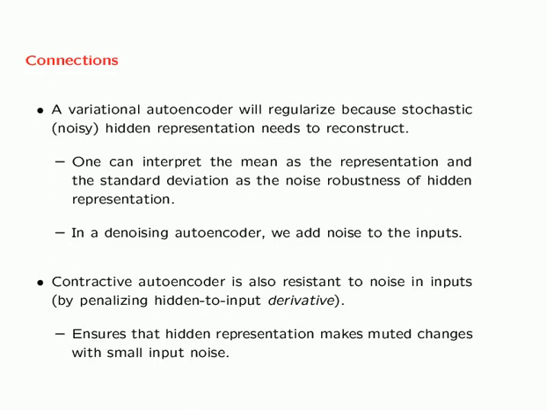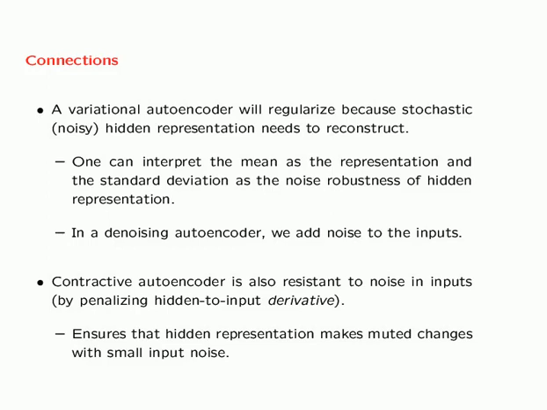And the contractive autoencoder is also resistant to noise in inputs by penalizing the hidden-to-input derivatives. So the way the contractive autoencoder works is that if I add some noise to the inputs, my hidden representation won't change. So essentially the hidden representation is robust to noise. In that case, the hidden representation makes muted changes with small input noise.